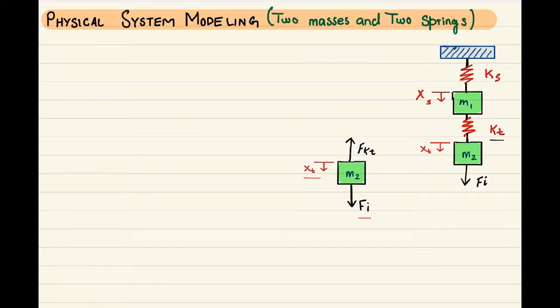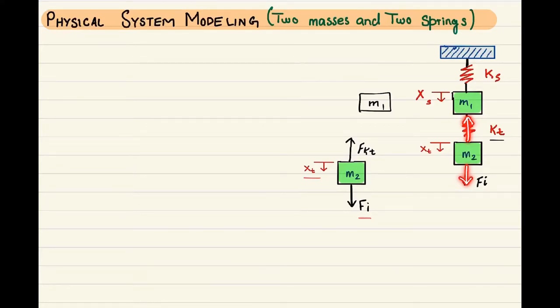Now for the second free body diagram, we are going to use exactly the same thing, but we'll change this mass name to M1. So let's draw this mass M1 here. The only thing that we have to pay attention to here is again the force. Now when we put this Fi as the input force, the reactive force produced by Kt was pulling this mass upward.